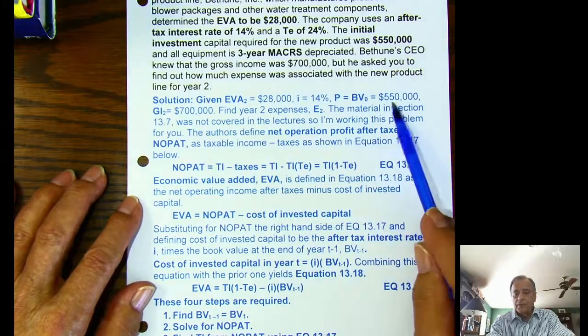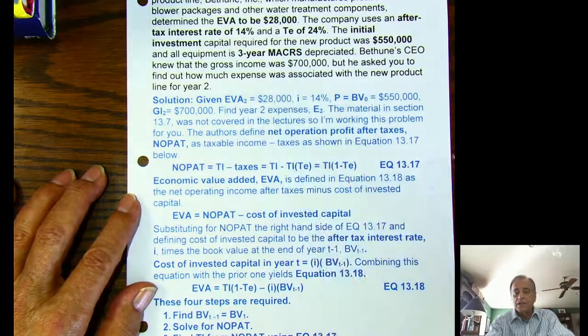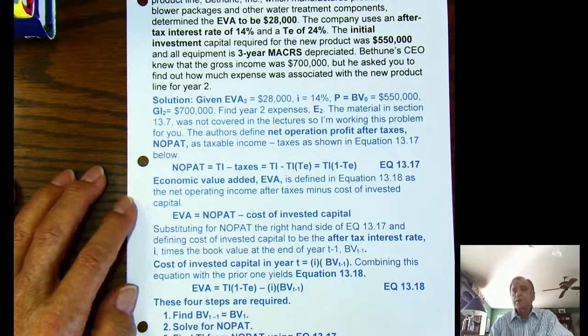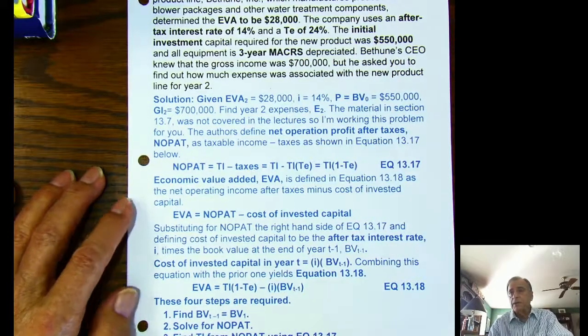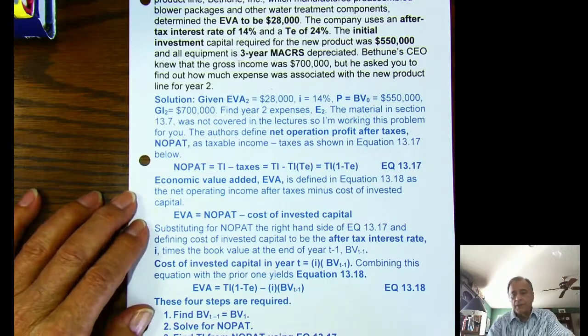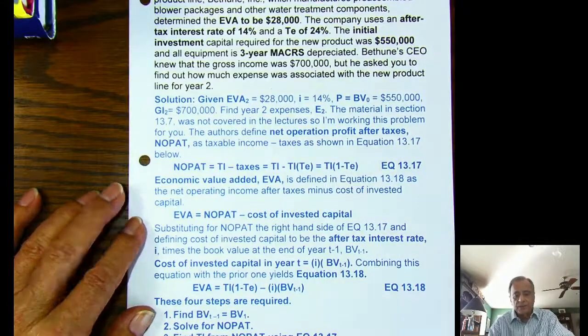Well, we know the book value at time 0. We know the MACRS depreciation is 3 year. And so we can go look up in the table what our depreciation factor will be in year 1, and then multiply it by the $550,000, which we'll do in a little bit.